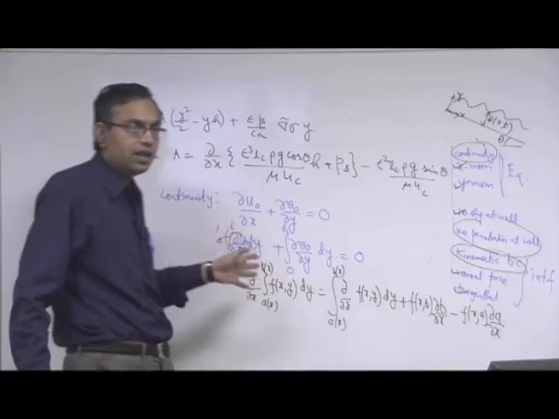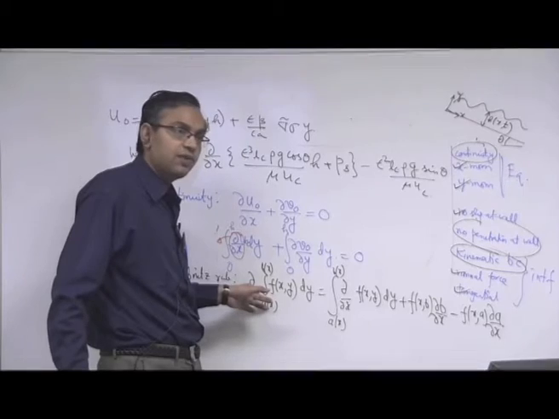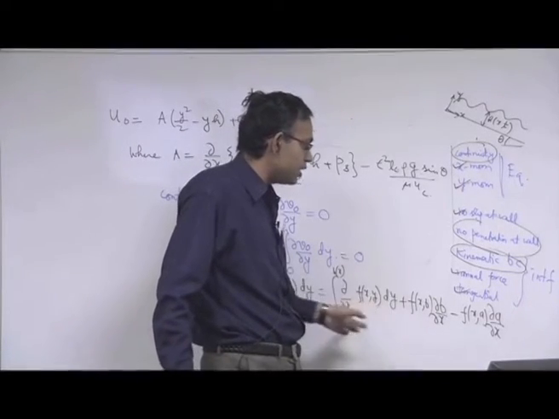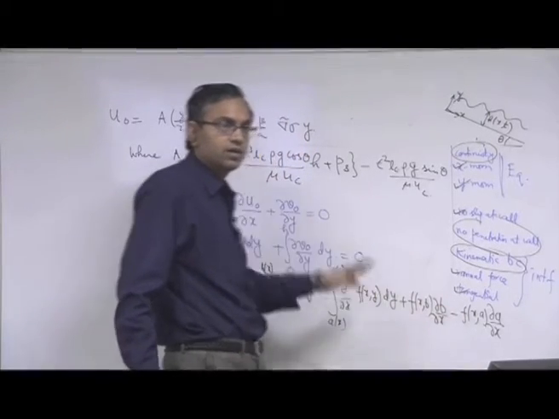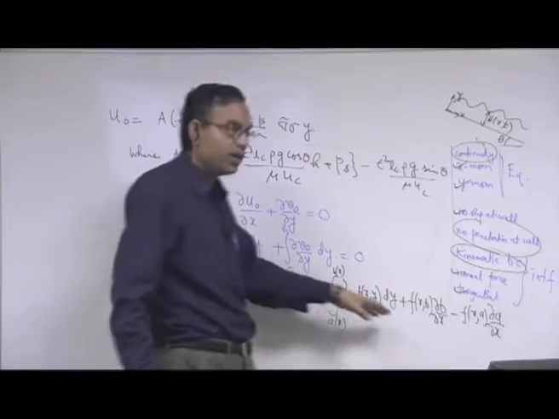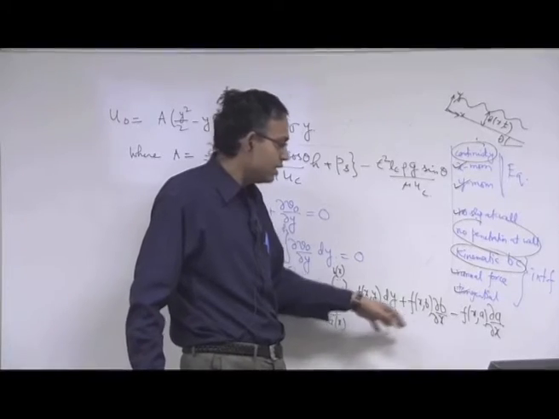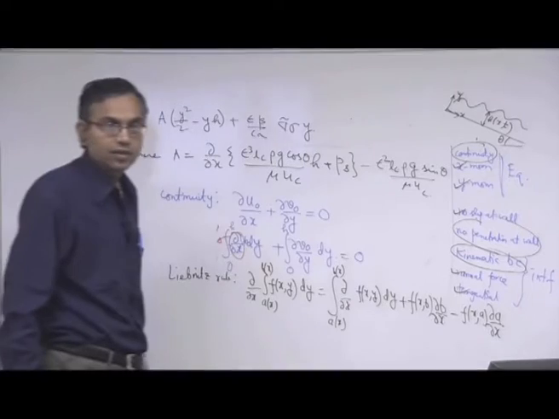This is the rate of change for the system, this is the rate of change for the control volume, and this is outflow minus inflow. See the beauty of mathematics: this has not been derived by considering system or control volume, but these are the boundary terms, the rates of change at the boundary.